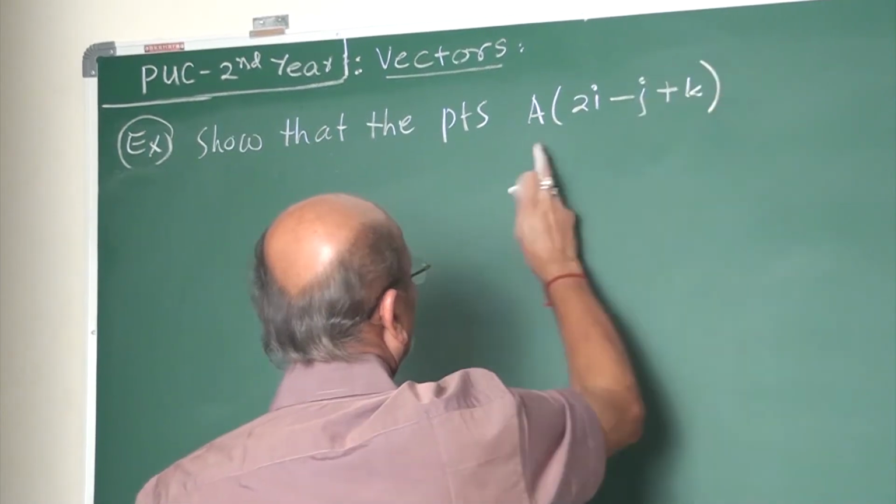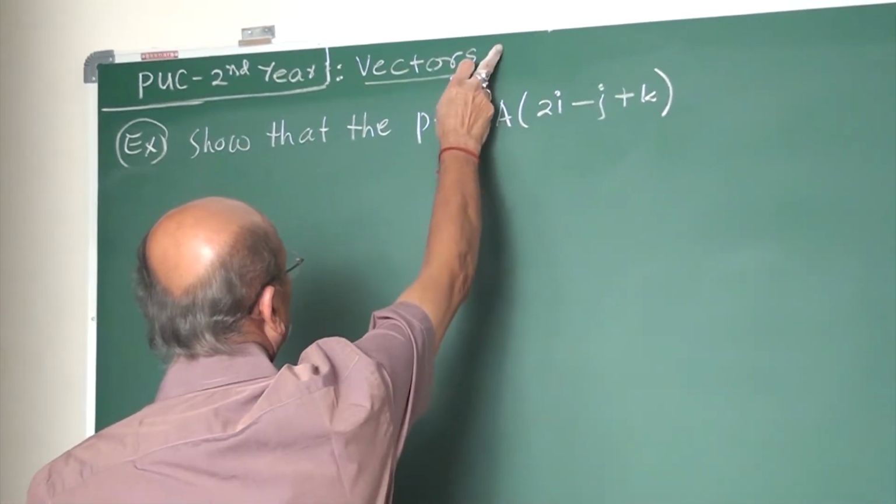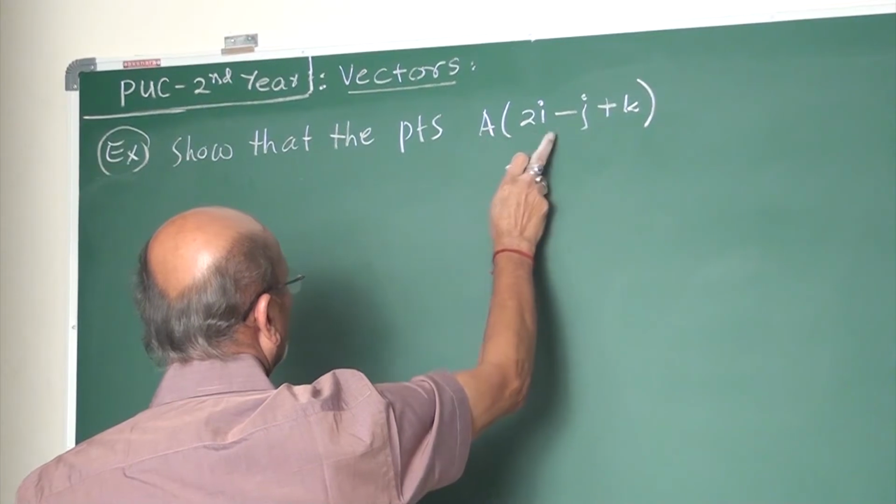This is the position vector of the point A. If O is the origin of reference, then vector OA is this.